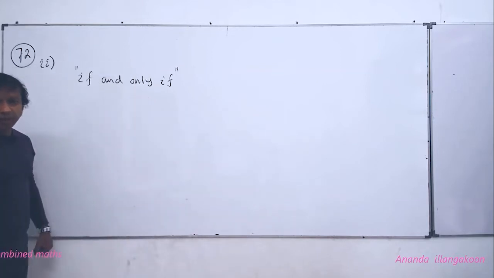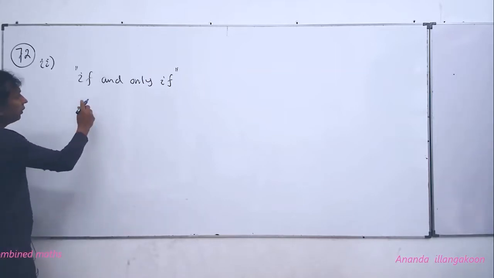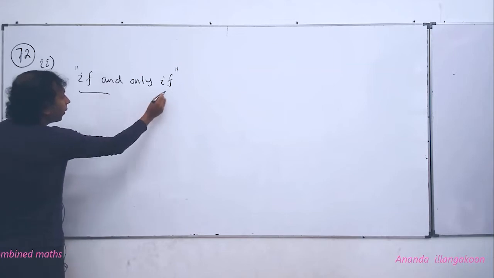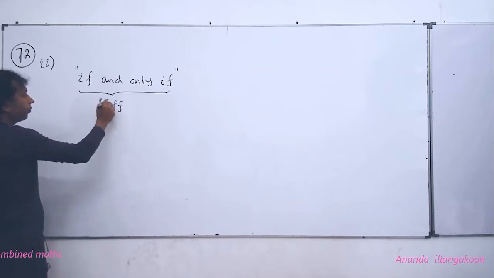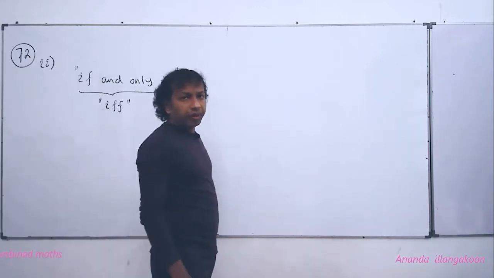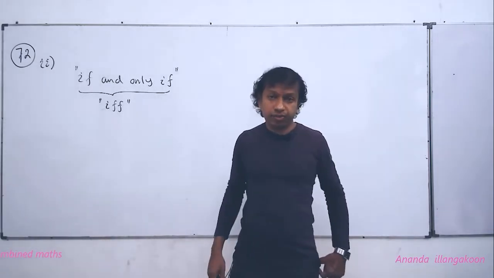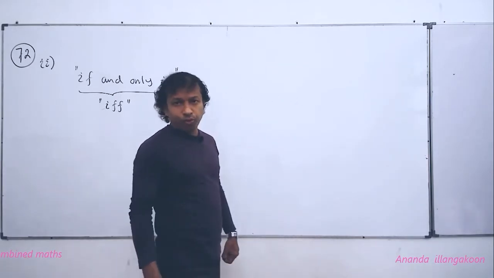This whole statement, if and only if, can be abbreviated this way: iff. The same meaning we can give by writing iff. Let's see what is meant by this if and only if proof.